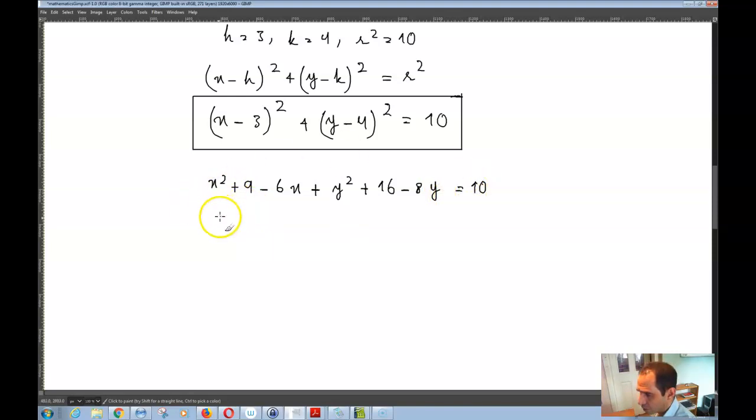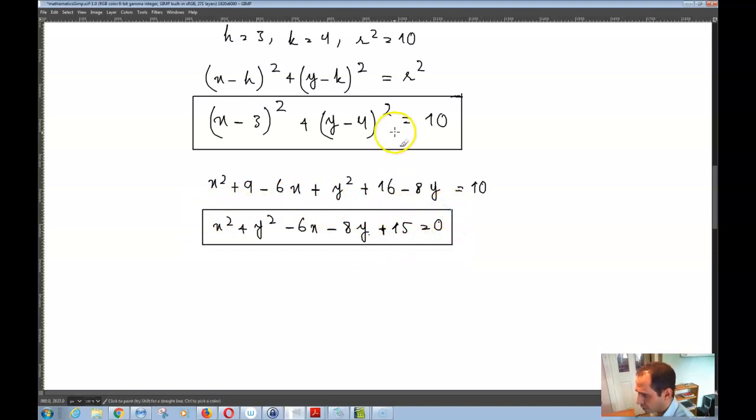And take this 10 to the other side, so x squared plus y squared minus 6x minus 8y, and then over here I have 9 plus 16, which is equal to 25. 25 minus 10 is equal to 15, so that's plus 15 is equal to 0. So number 10 is x squared plus y squared minus 6x minus 8y plus 15 is equal to 0. That is another form of the same equation, basically written this way.